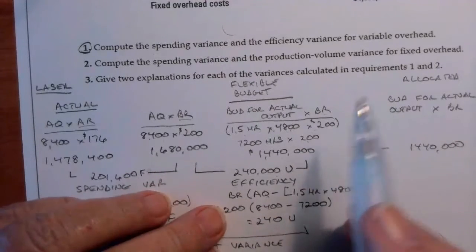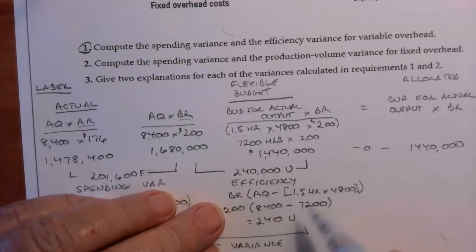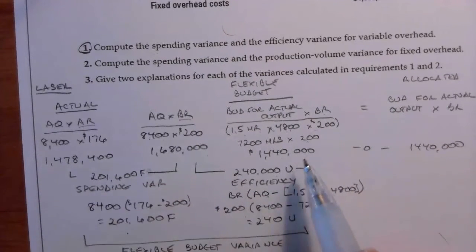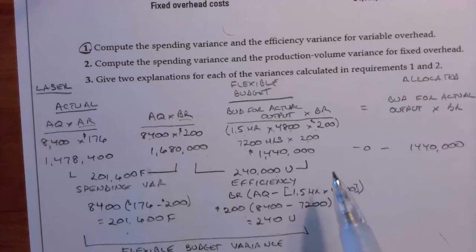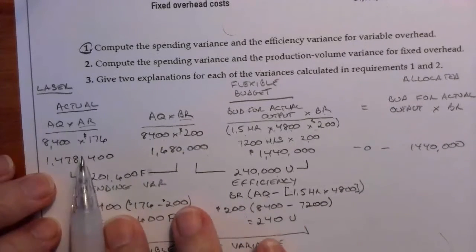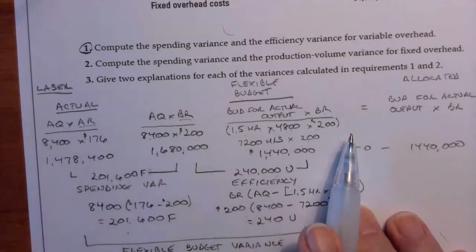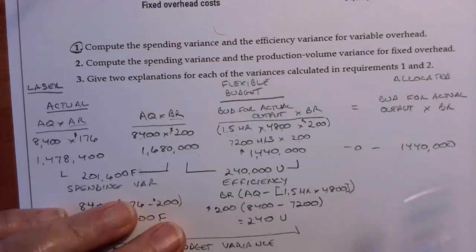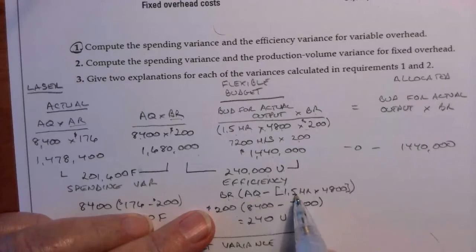Now, we can reduce this formula more, but this is not a bad way to do these because you've got a lot of data in here and there's a lot to keep track of as you're doing it. So you might want to show it broad like this. Another way to look at it is this is the budgeted rate times hours.